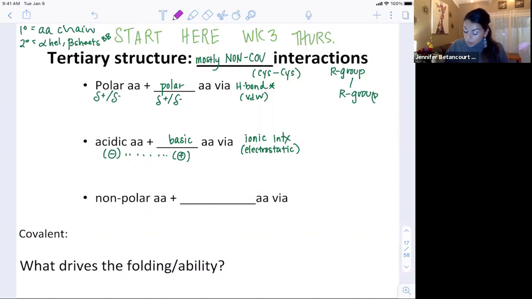Right now this slide is talking about how amino acids interact, but this can also be used to describe how amino acids of a protein can interact with other molecules. So polar other molecules too, and basic other molecules.